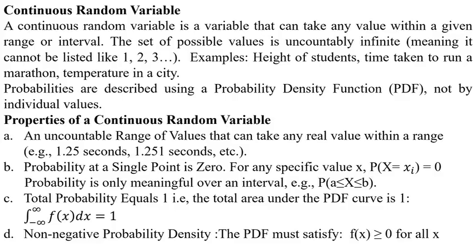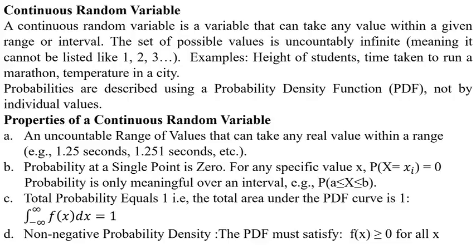Example, height of students. When we measure the height of, maybe in a class of 100 students, it is always within a range or interval. Time taken to run a marathon is also within a range or interval, and also temperature in a city is within a range or interval.